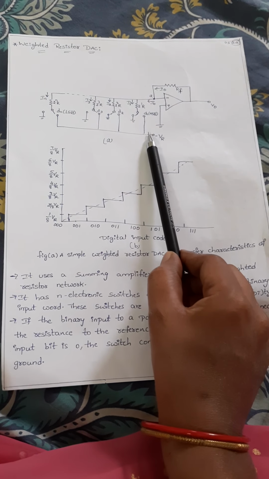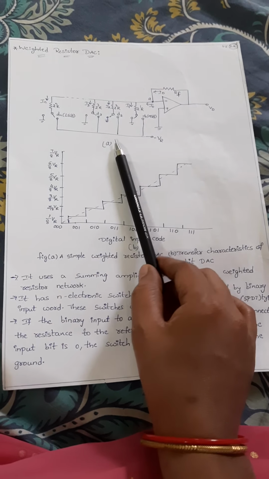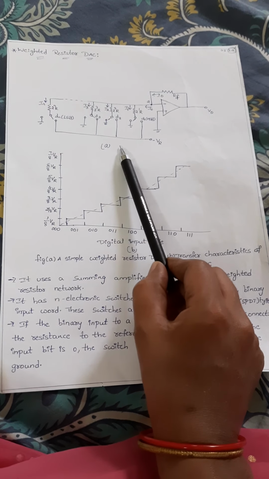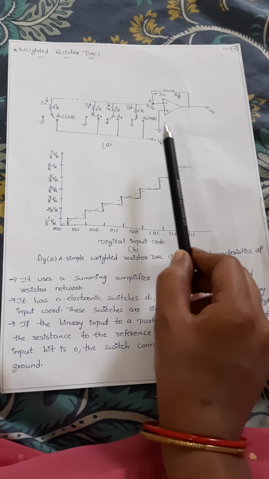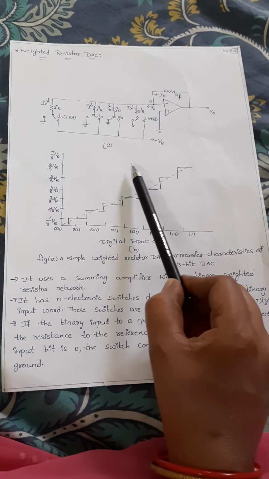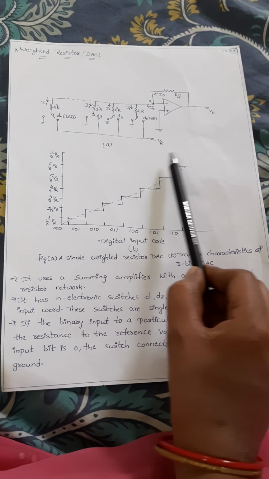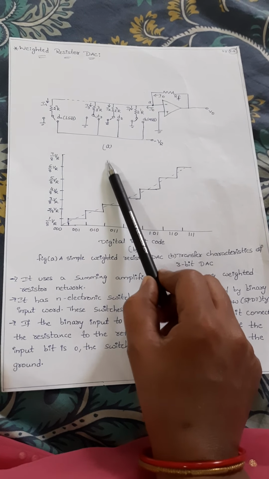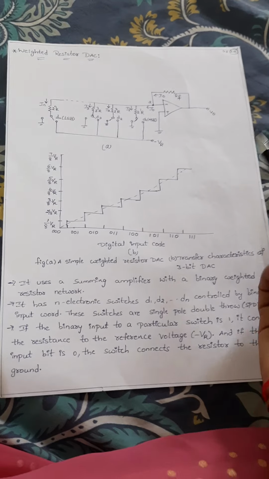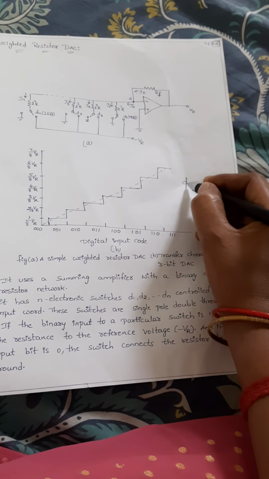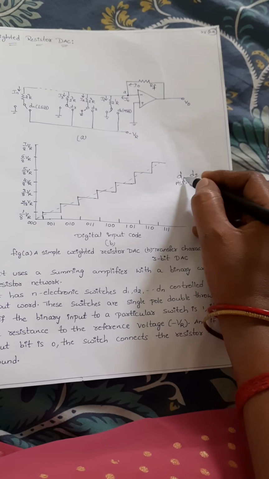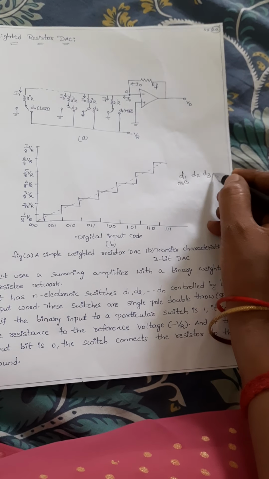Minus VR is nothing but logical 1. If you write D1, D2, D3, then it becomes 0, 0, 1. Like that it goes. First you should write D1 as MSB, then D2, then D3, like that.